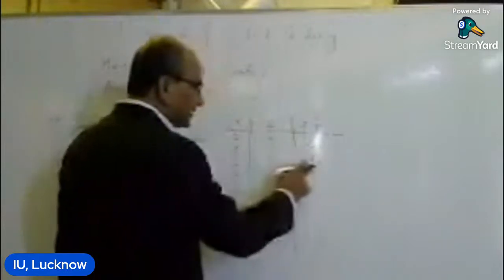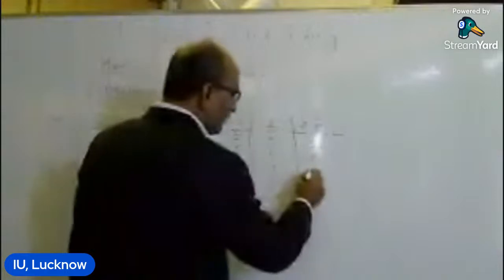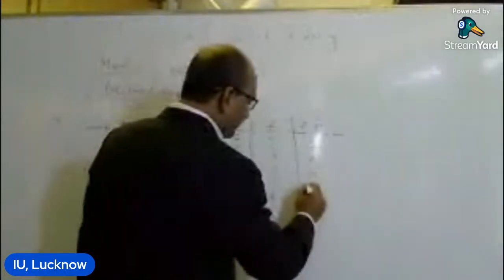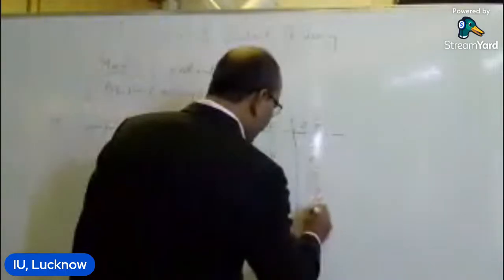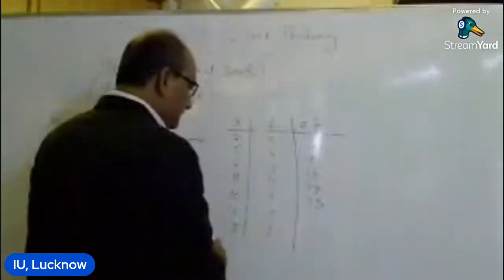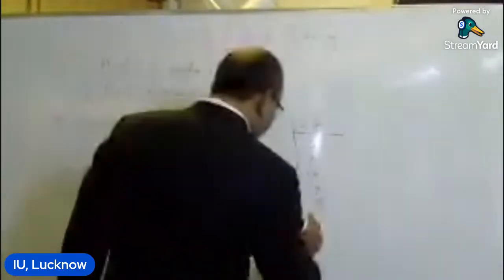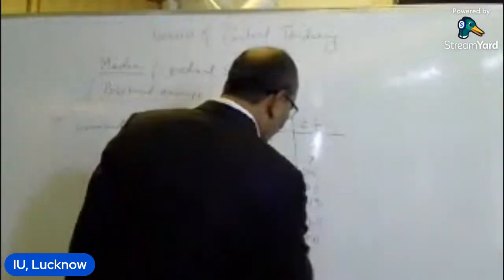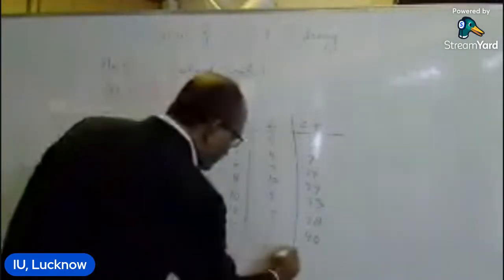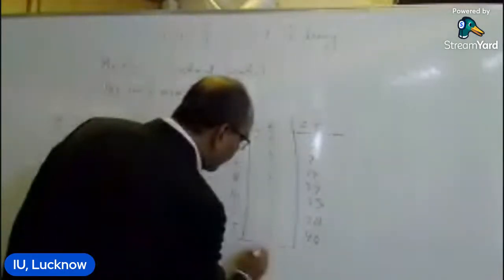Next 7 and 7, 14, 10, 24, 9, 33 and 5, 38 and 2, 40. This is the total. If you sum this frequency, it will be 40.